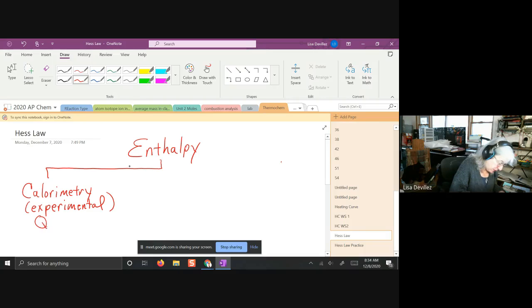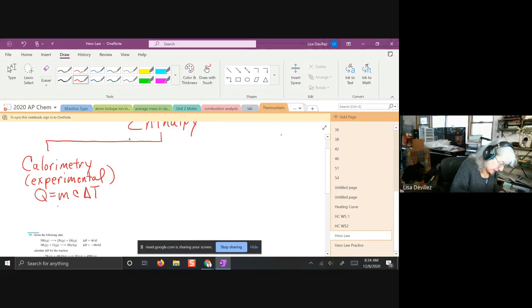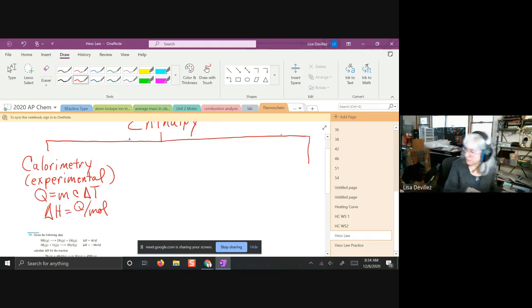Because we use Q equals MC delta T, and then delta H is Q per mole. So now what we want to do is look at other ways that we can find enthalpy.